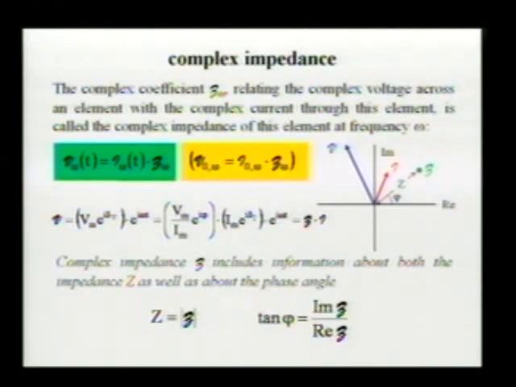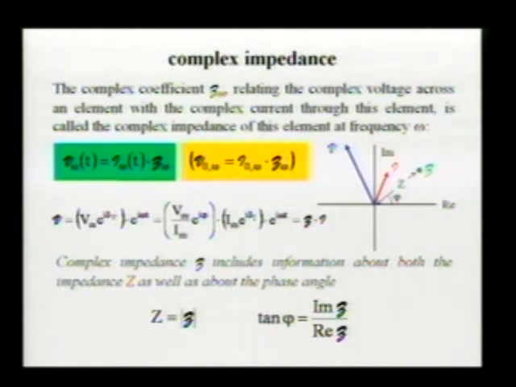If we connect two elements in parallel, we can calculate complex impedance, because the proportionality coefficient between complex voltage and complex current is complex impedance. So equivalent complex impedance would be calculated like equivalent resistance was calculated for a system of resistors.